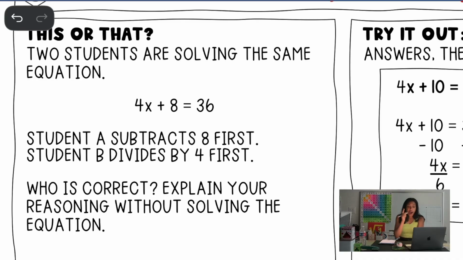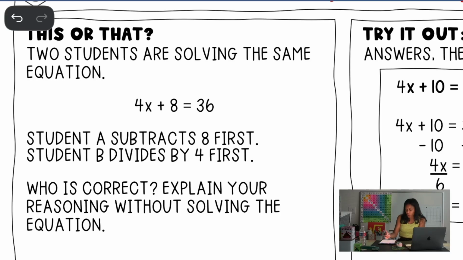However, I also notice that all of the numerical values in this equation are multiples of 4, meaning we can divide them all by 4. That means that if student B chose to divide by 4 first, that also makes sense. I could go backwards, use the distributive property backwards, and simplify that equation. So I kind of understand what they were going for.